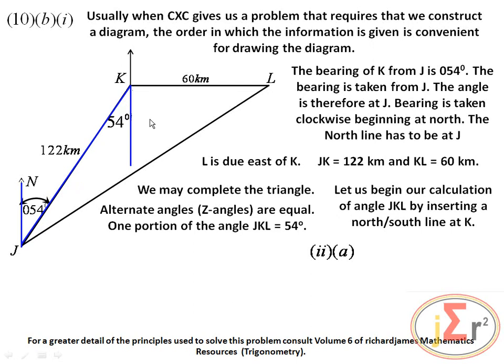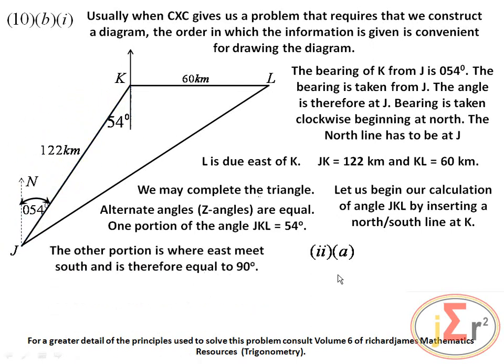That is a right angle. The other portion is where east meets south and is therefore equal to 90 degrees, a right angle. East meets south. JKL is the sum of those two angles.